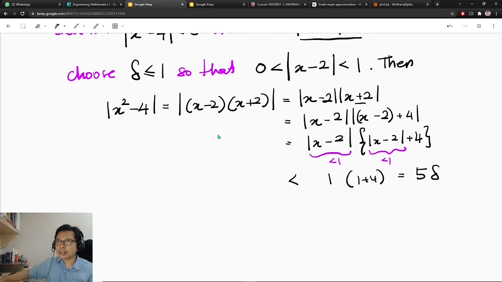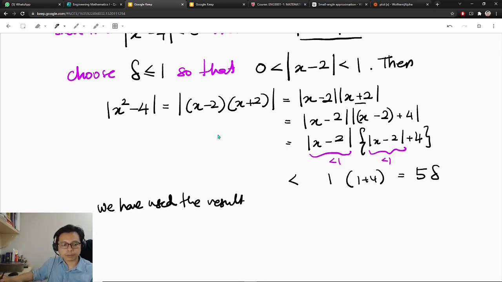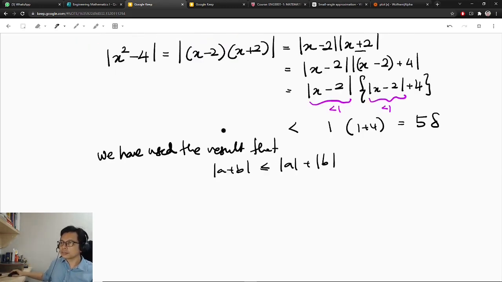So in this case we have used the result, something like this, the triangle inequality. You don't need to worry about it; you can just accept this at this moment. Then we take delta as 1, or we can take it as epsilon divided by 5, whichever is smaller.